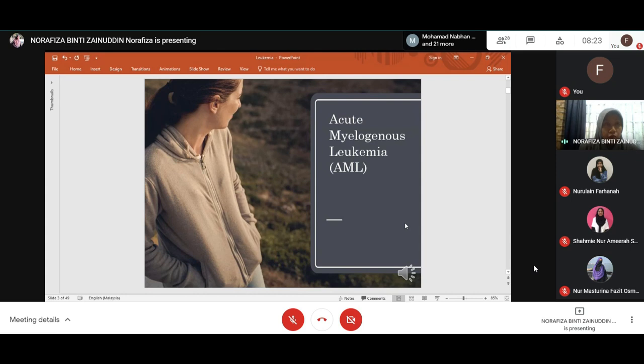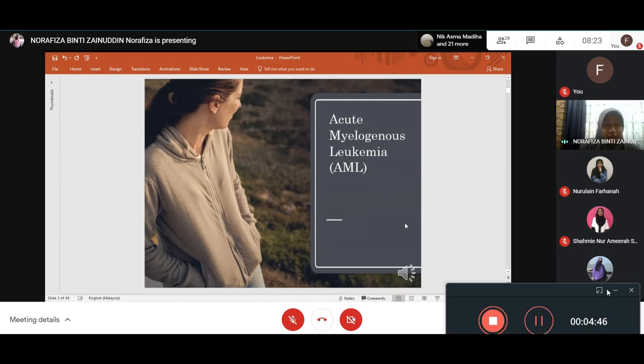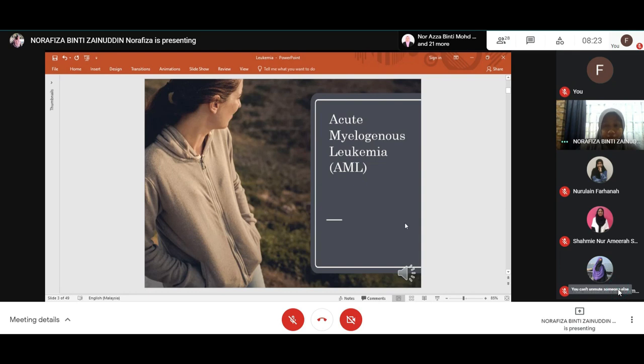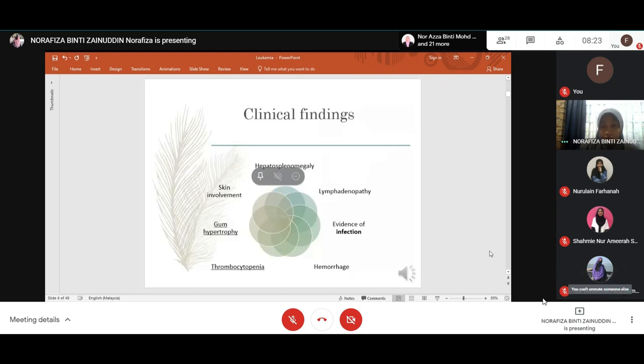You can see purpura sometimes, and sometimes it will come to bleeding, and also increased risk of infection. AML progresses rapidly and is typically fatal within weeks or months if you leave it untreated.